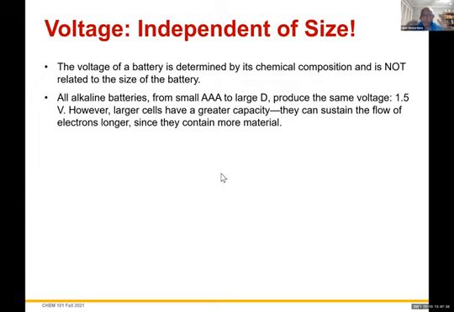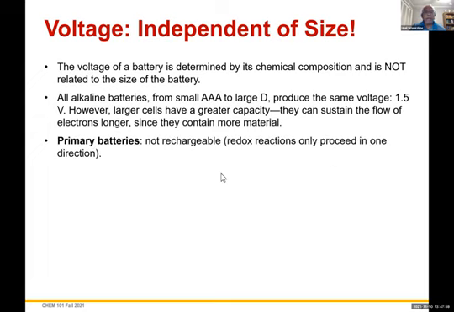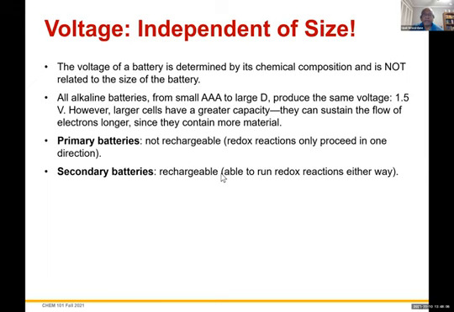Larger batteries have more chemicals in them. They can sustain the flow of electrons longer since they contain more material. For example, AA and AAA batteries are smaller than larger D size batteries. They produce the same voltage, but larger cells have greater capacity. Primary batteries are non-rechargeable. Secondary batteries are rechargeable.